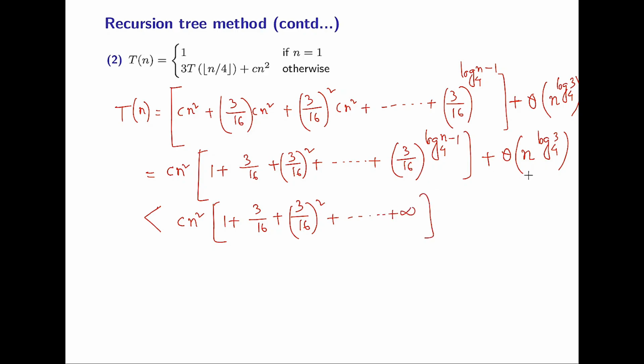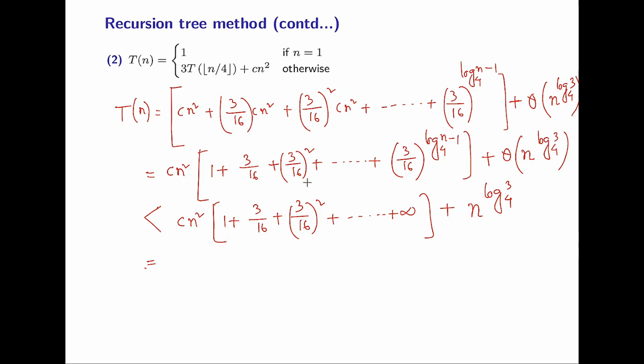So I have extended the boundary up to infinity. Okay. So will it simplify? Let's see. So here I will simply write n to the power log 3 base 4. Here again I will write equal, because I am going to find the value of this thing.